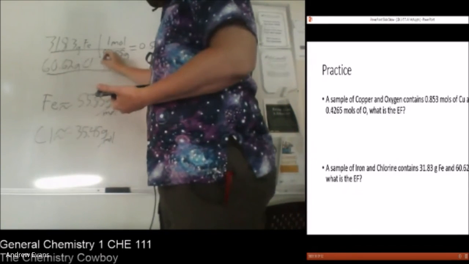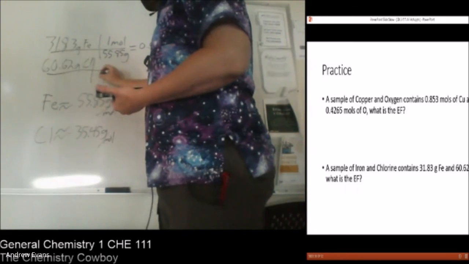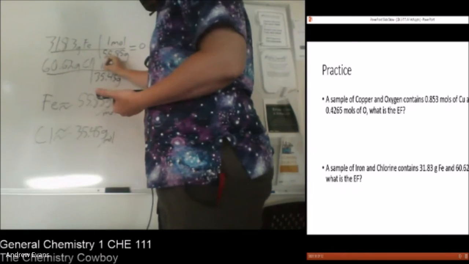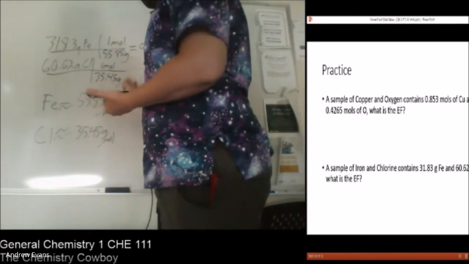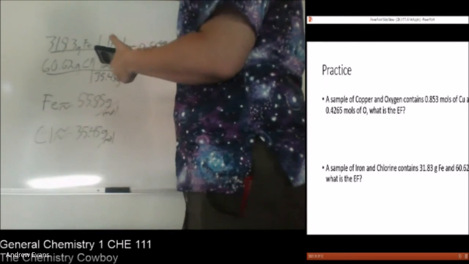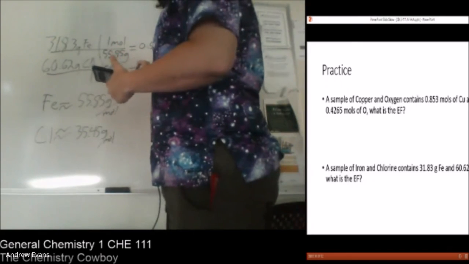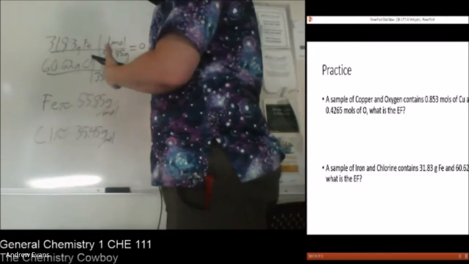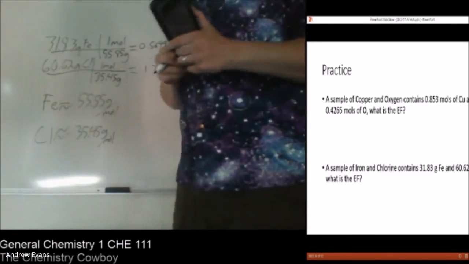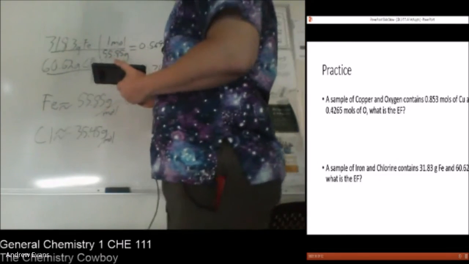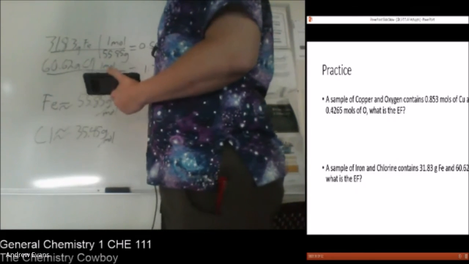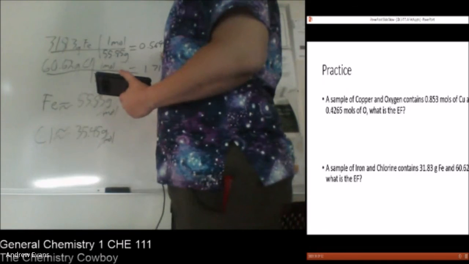Doing the same thing with chlorine, 60.62 divided by 35.45 grams per mole gives me 1.710 moles. Now we have a completely different ratio: 1.710 is chlorine, and iron is 0.5699.